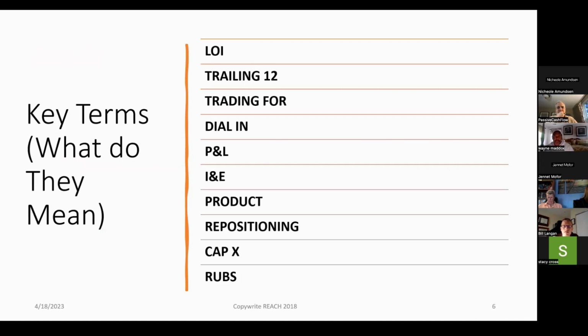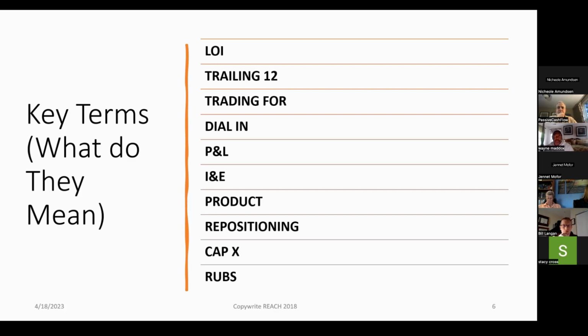We did LOI, which stands for letter of intent. And we had a Teaching Tuesday about that, what, 3 or 4 weeks ago. But it is basically, in commercial real estate, we don't go straight to contract like you do in residential.